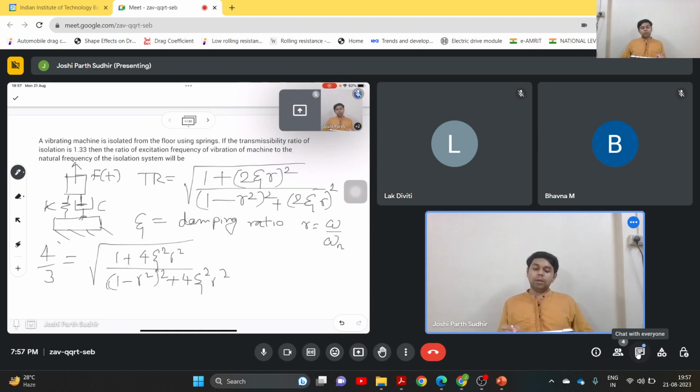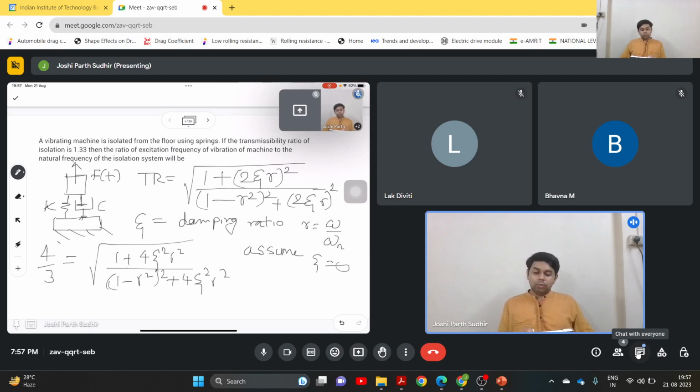Now here we have not been given any information related to damping. So let us assume that zeta is 0 because we have no information related to damping.